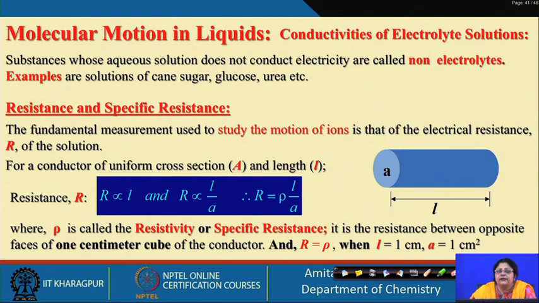For a conductor of a uniform cross section area A and length L, this is the capital A. What will be the resistance?